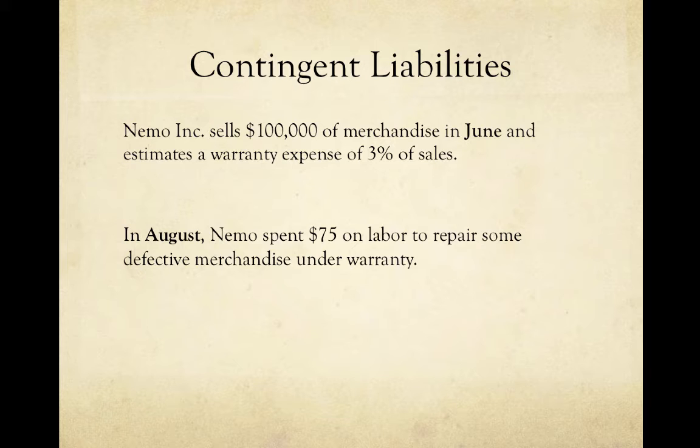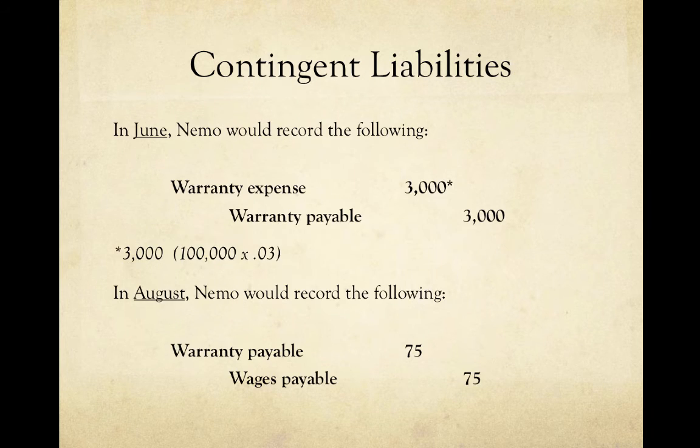Now in August, Nemo spent $75 on labor to repair some defective merchandise under warranty. So the question is, what does Nemo have to record in June and what does Nemo record in August? When is the warranty expense recorded? The warranty expense is going to be recorded not in August when the product is fixed, but actually ahead of time when the product is sold.